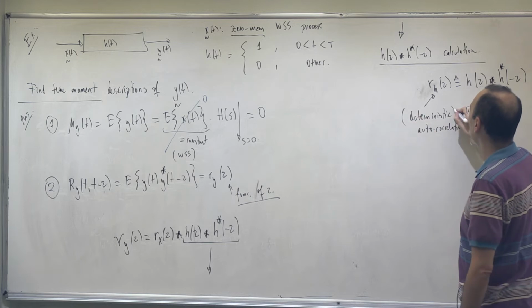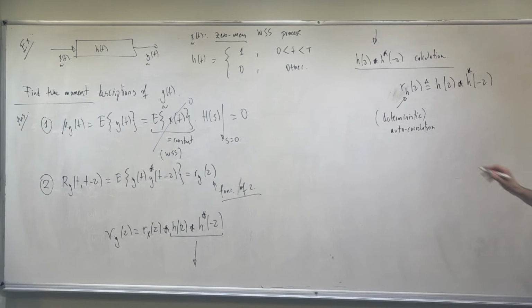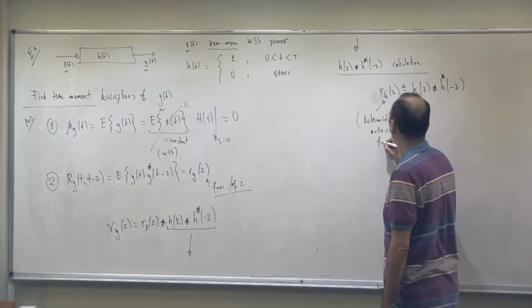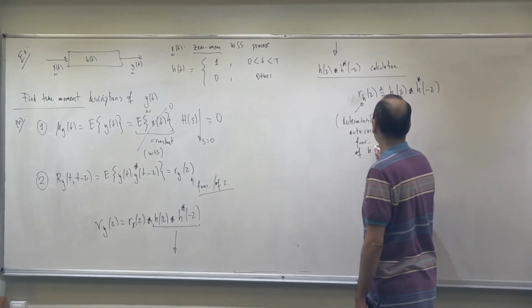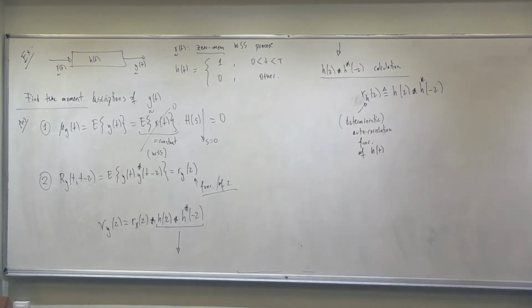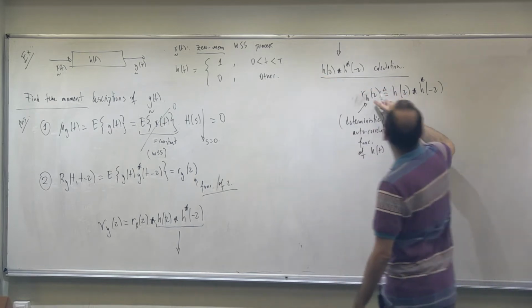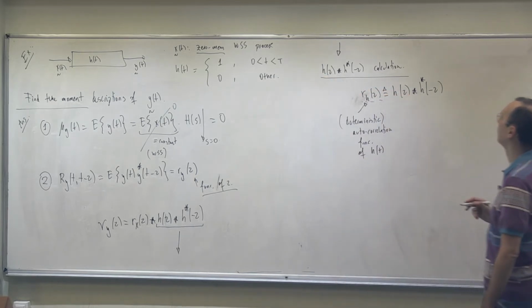Sometimes you don't say deterministic because in other signal processing courses everything is deterministic. So this is the autocorrelation function of h of t. But for our purposes, there is nothing random over here. So I need to calculate this function from here.